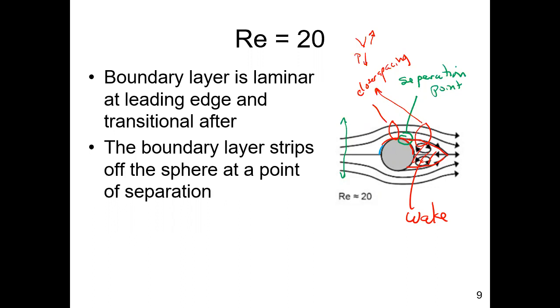And so what you have, because of this wake, immediately close to the wake, the streamlines are still closer together. The pressure is lower. And now what happens is you have a pressure upstream, which is greater than the pressure downstream. Now you have a pressure difference from front to back.